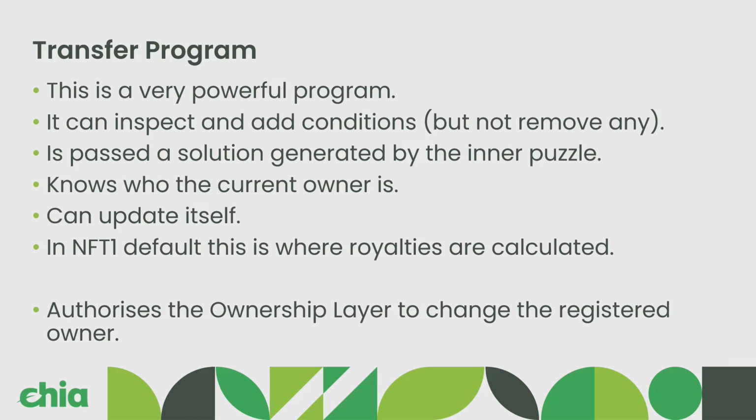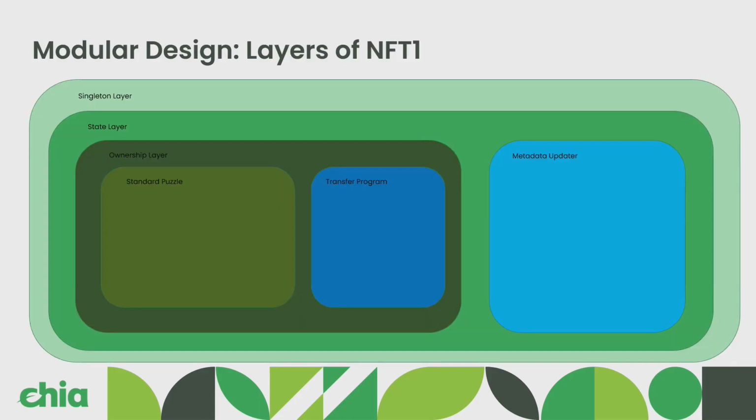It runs every time the owner is changed, and sometimes when it's not. It knows who the current owner is and can update itself, and we suggest this is where people put the royalty calculation, which is what we do as the default behavior. Only the transfer program can change who the current owner is in the ownership layer.